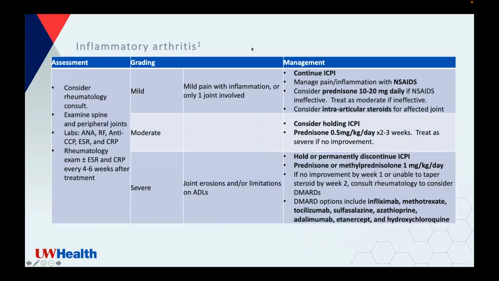So our treatment for first, inflammatory arthritis. If the patient has just mild pain or only one small joint involved, we would want to continue the ICPI and manage pain and inflammation with NSAIDs as our first line in the absence of contraindications, considering prednisone 10 to 20 milligrams daily if the NSAIDs are ineffective, and then consider an intra-articular steroid as well if it's just maybe one joint that's bothering the patient.